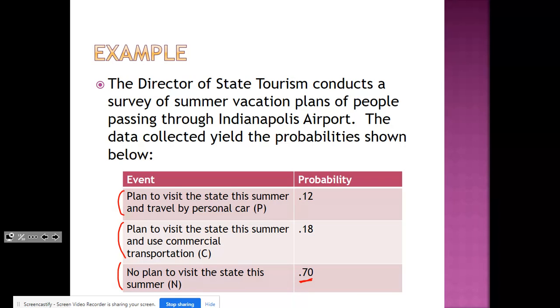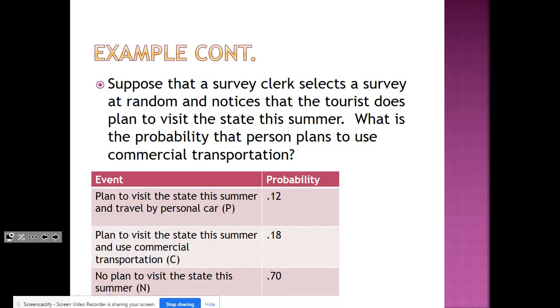So the next slide has the question. Suppose that a survey clerk selects a survey at random. So we just pull out a random survey and notice that the tourist does plan to visit the state. What this is saying is we're given, so I'm holding up this survey that says they're visiting the state.